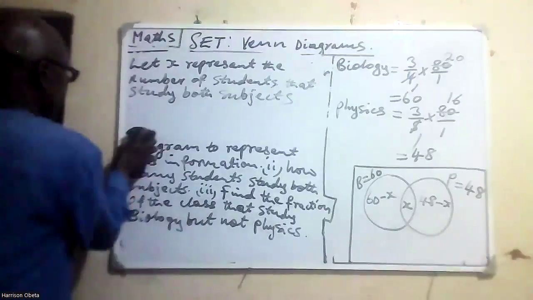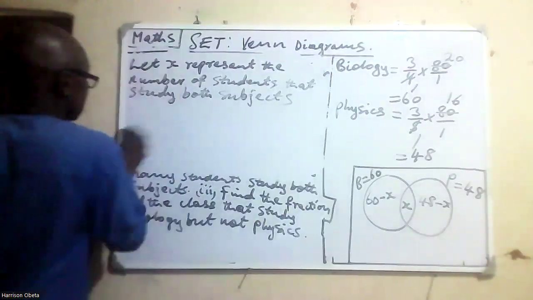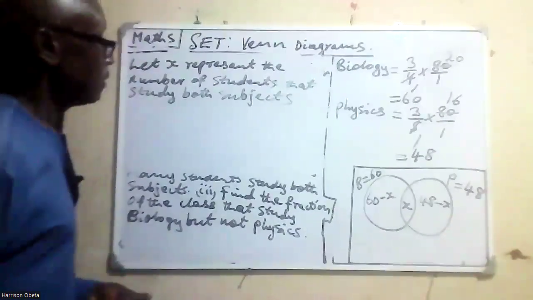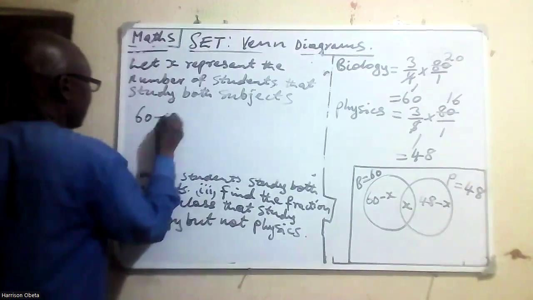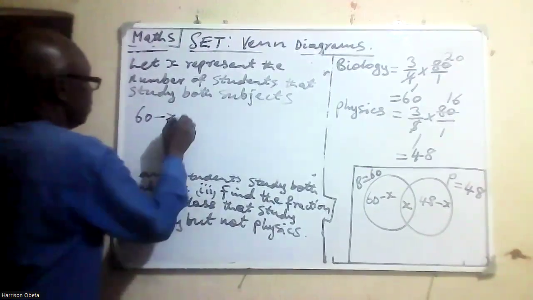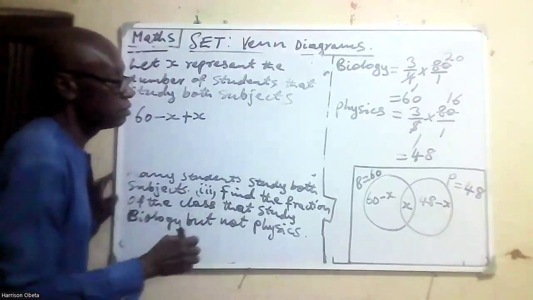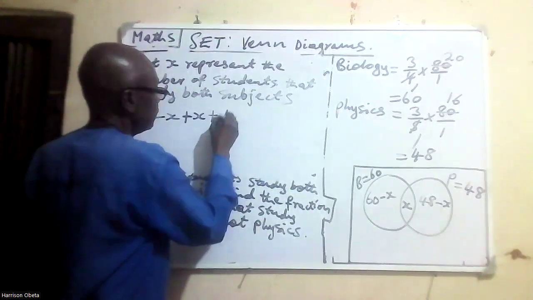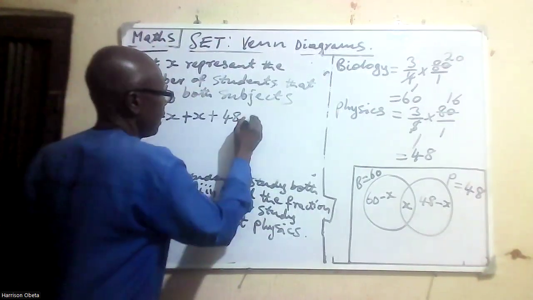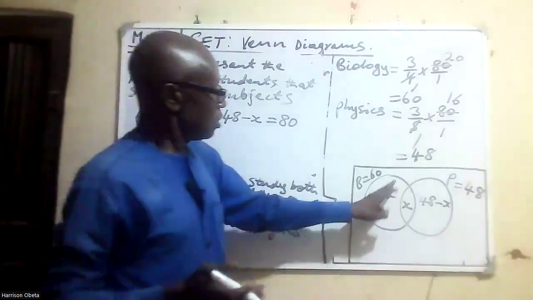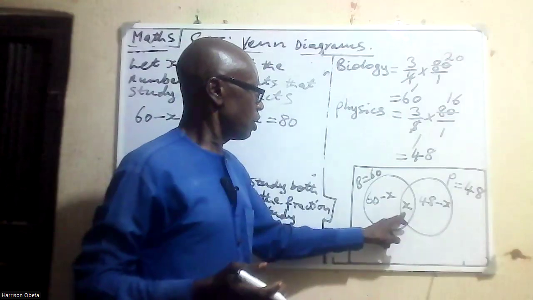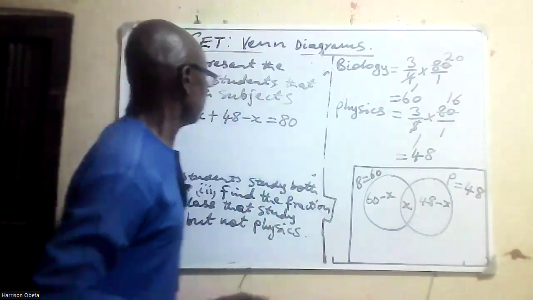So moving on, we have this. Adding everything would be 60 minus x plus x plus 48 minus x equal to 80.